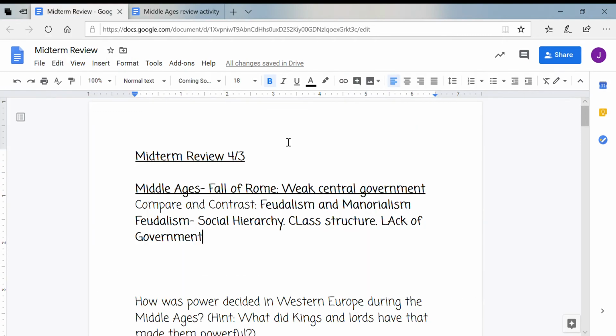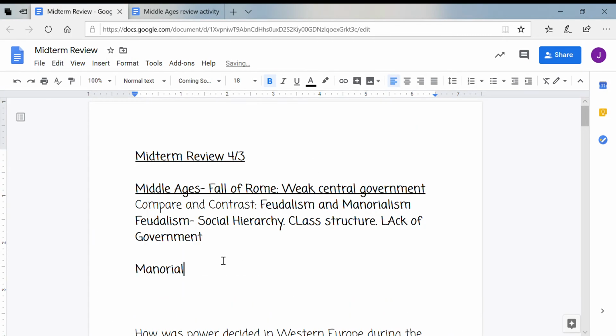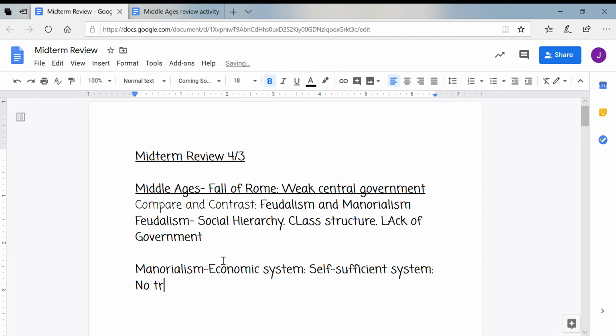Now, just moving on to manorialism. Remember, it's the economic system. And the most important thing you have to know for the manorial system is that it was a self-sufficient system, which means there was no trade.